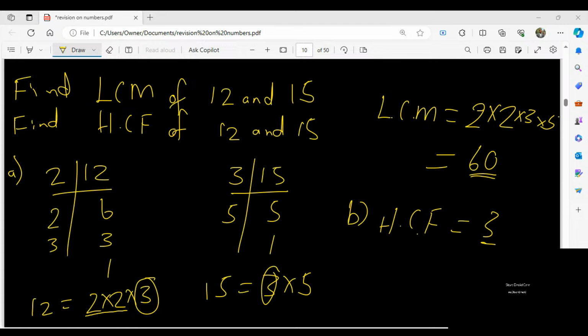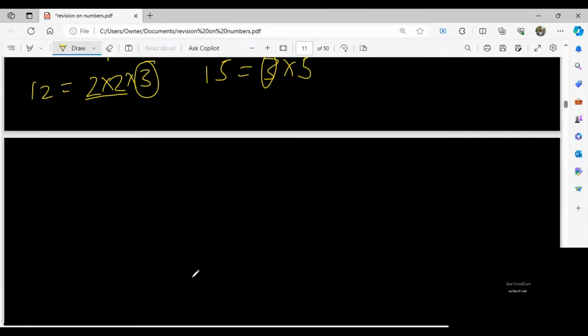All right. So let's say you have a question like this one. Find the lowest common multiple of 7 and 11.